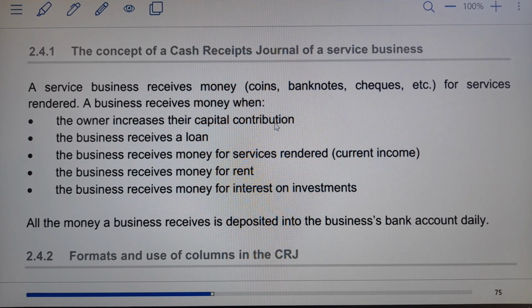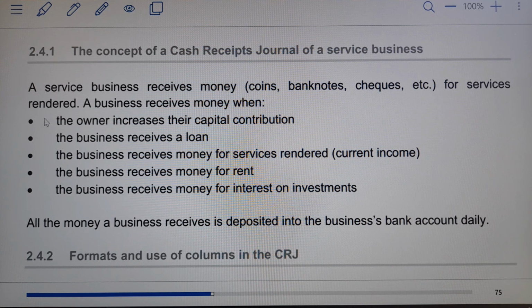If the business receives a loan, that's a new one for you, it means the business receives money. If the business receives money from services rendered, which is the current income, the business receives money. Again, the business receives money for rent. The business receives money for interest on investment.